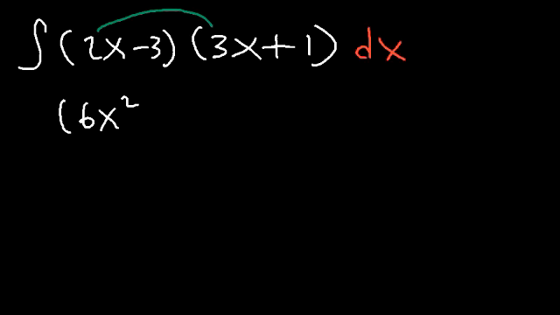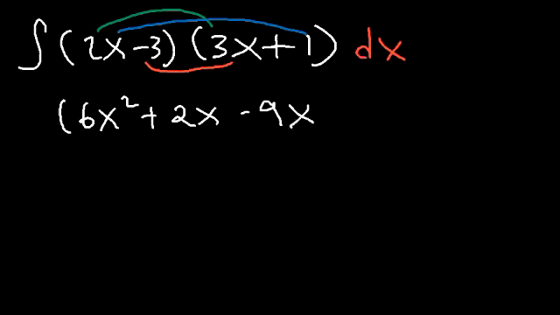And then 2x times 1, that's 2x. Negative 3 times 3x is negative 9x. And finally, negative 3 times 1 is negative 3.